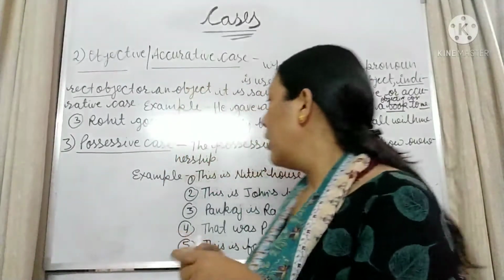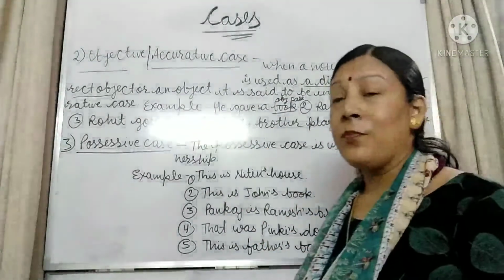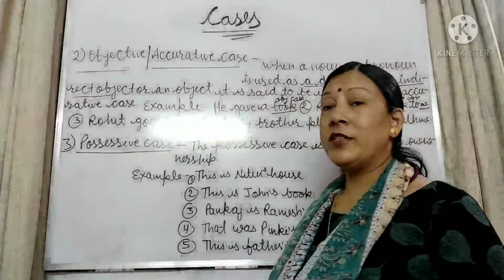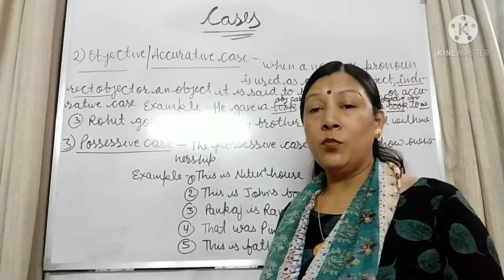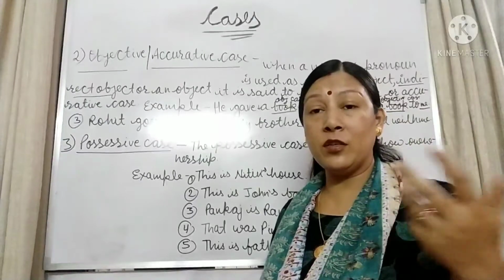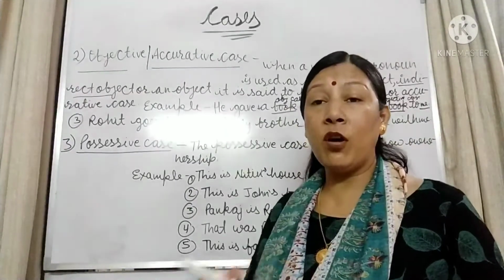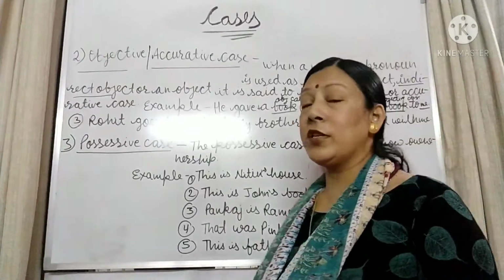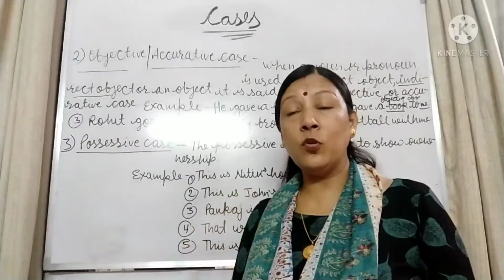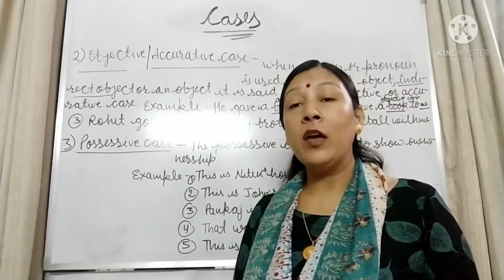So the possessive case is used to show ownership, like this is yours, mine, his, her, Pooja's, Geeta's, mother's, father's, brother's, sister's. Whenever these words are there, words which show you ownership, possession, they are called possessive cases.